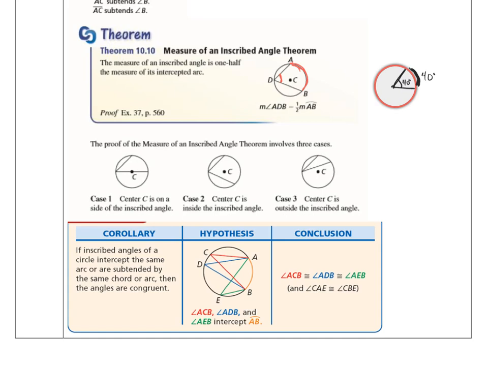Just to give you an idea, in case 1 say we have this situation. We could do case 1 and use case 1 to prove case 2 and case 3, but we have to prove case 1 first. What you could do is create another radius. These 2 would be congruent. These angles would be congruent by the isosceles triangle theorem.